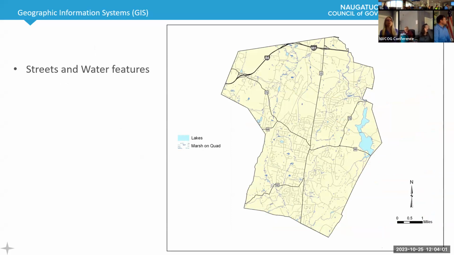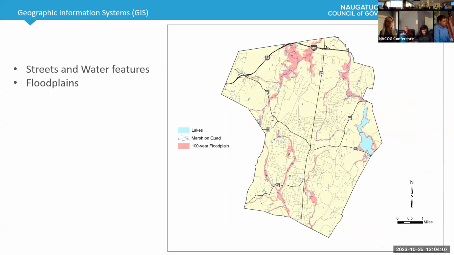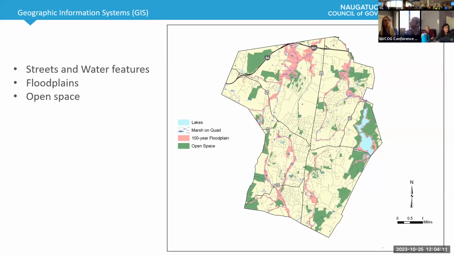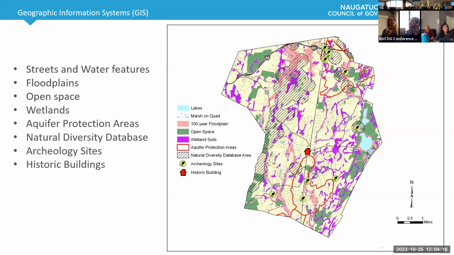Here you could start with information on just streets and water features. With that, you could overlay floodplains if you have that digital layer. You could overlay parcels that are open space. And you could overlay any number of spatial items if you have that data or create it. Then when it's overlaid, you can see patterns about what is where in relation to each other.